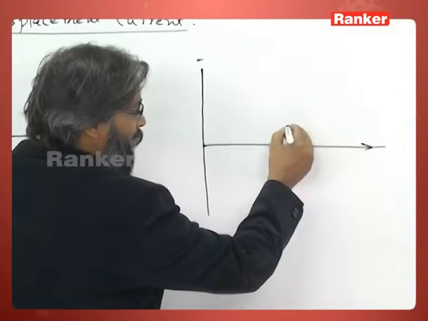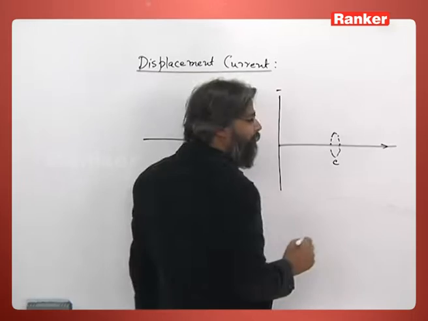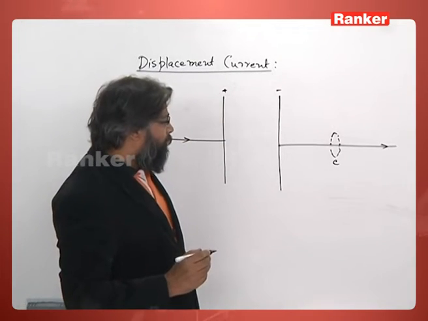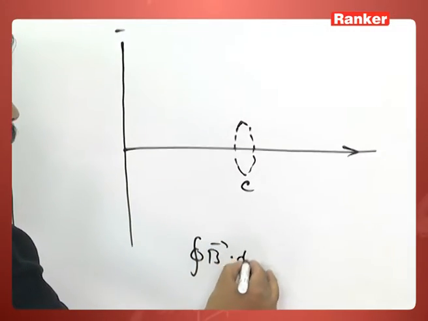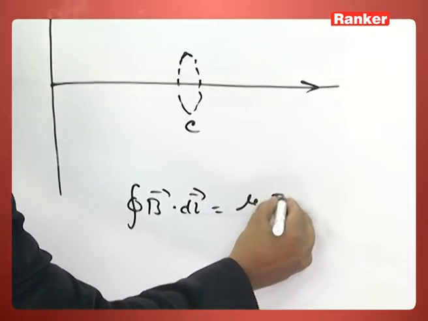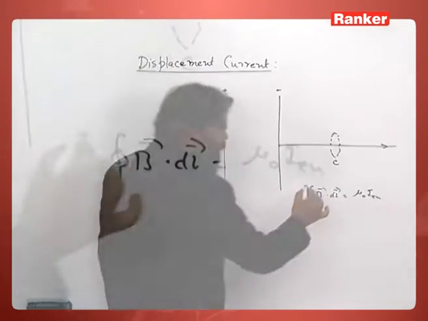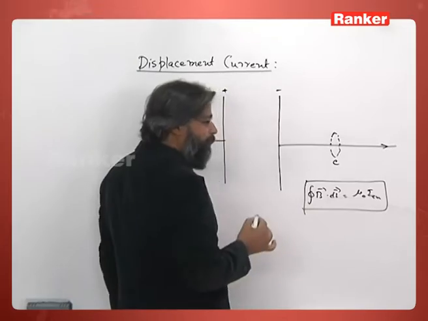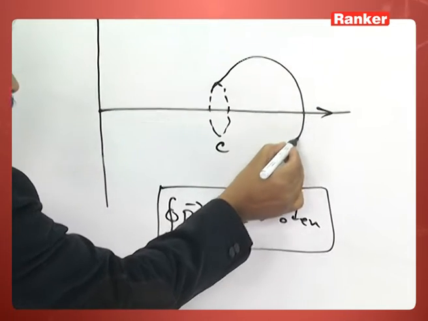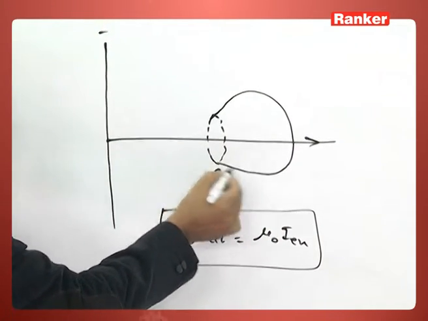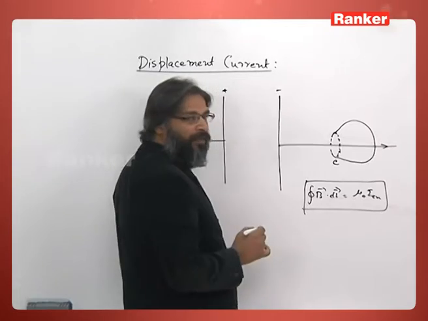Now if I consider an Amperian loop, this curve, let us denote it by C, then if I apply B dot dl, it is equal to mu naught I enclosed. Now you see here, current enclosed means the current must cross the boundary of all the surfaces whose outer boundary is that curve.